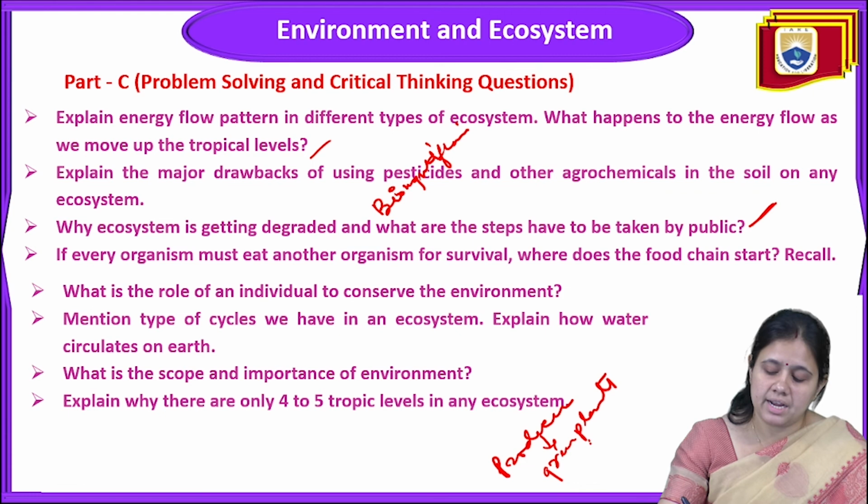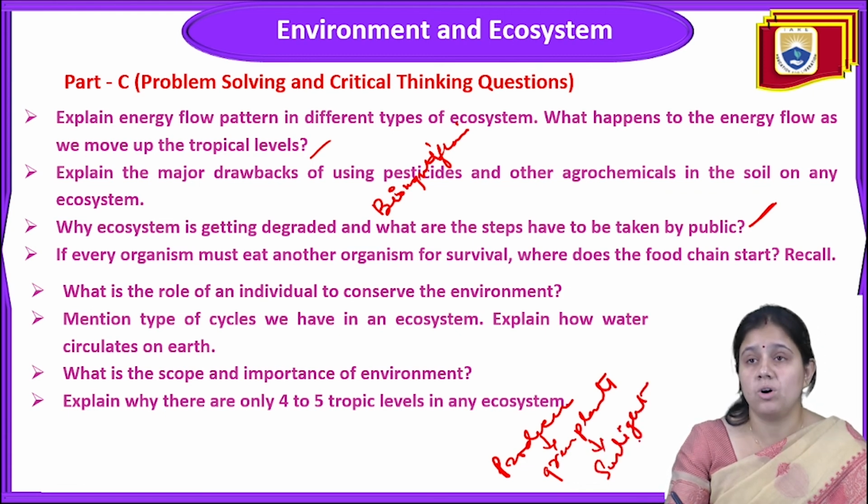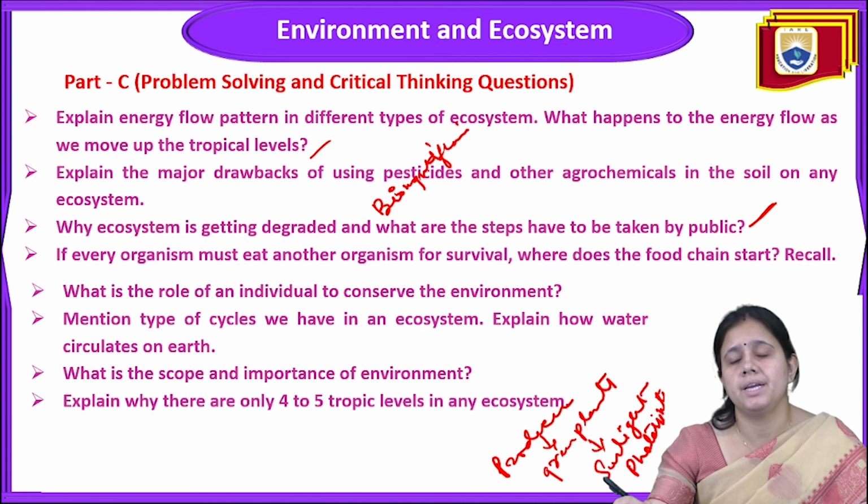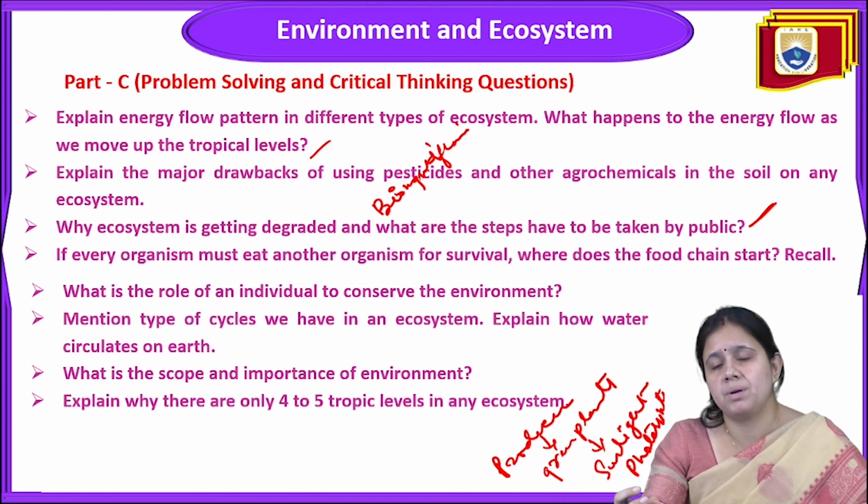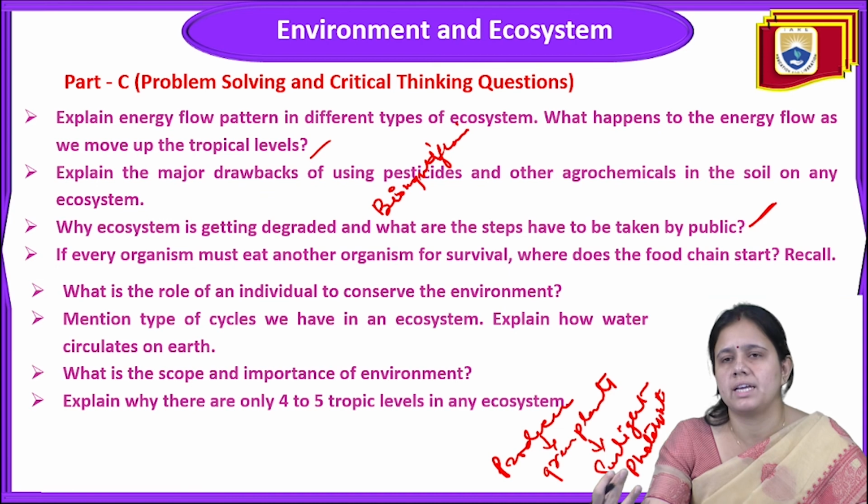They take energy from sunlight. In the form of photosynthesis, they make the food with the help of sunlight. After this producer, the flow will start. Every organism has to eat another organism for survival and growth.